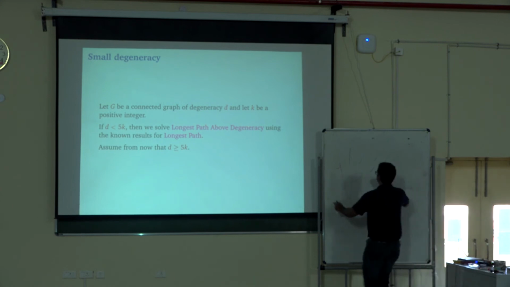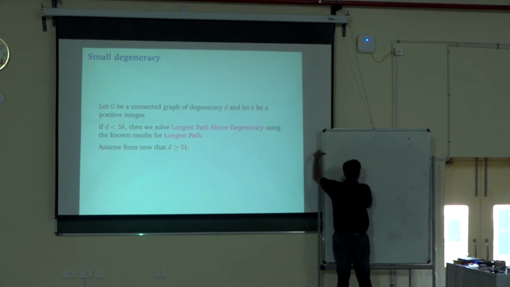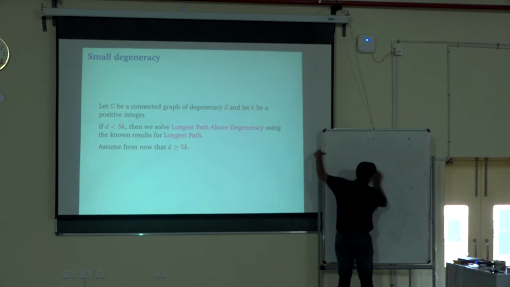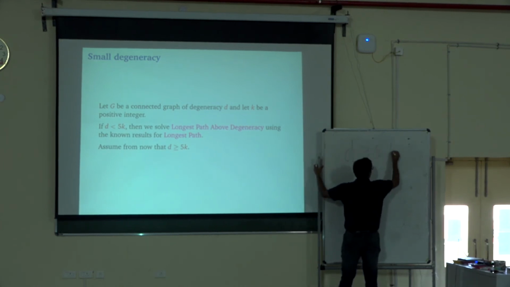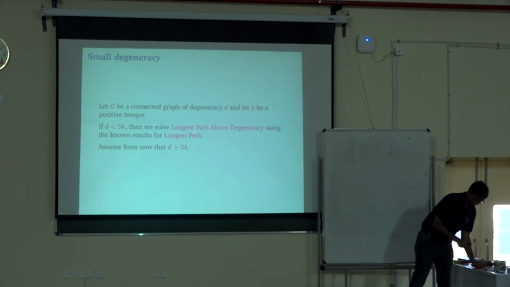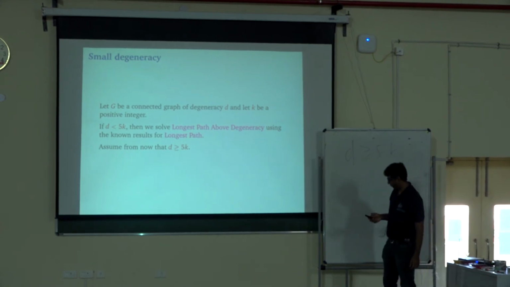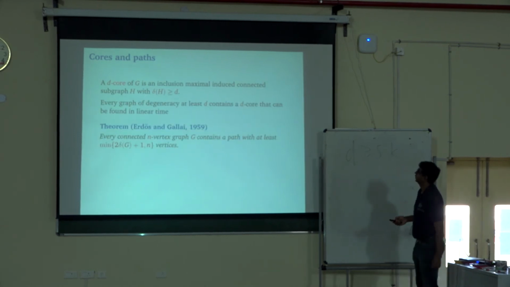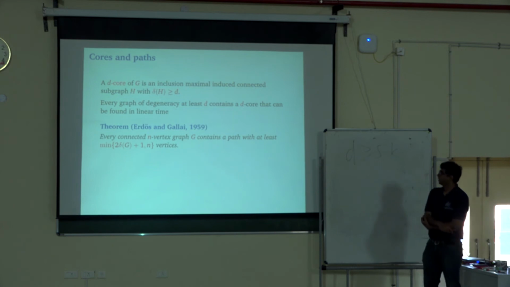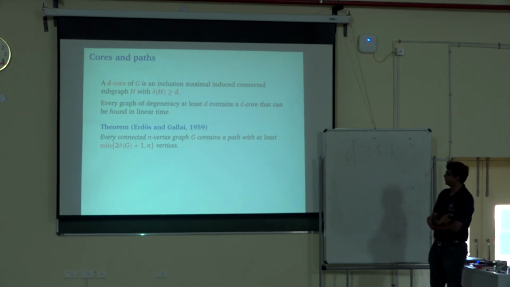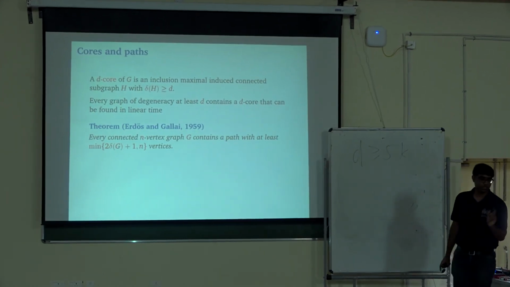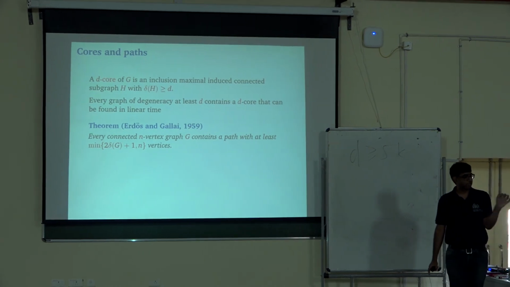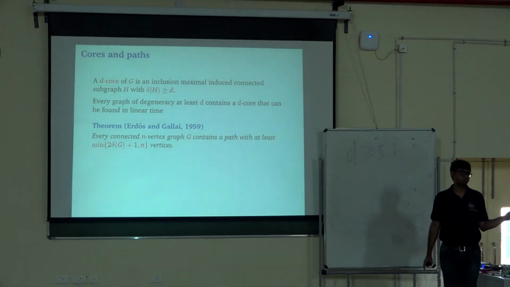Okay, so let's write down some of these assumptions. It might be helpful. And this is a result of Erdos and Gallai from 1959, which we are going to use, who said that every connected n-vertex graph G contains a path with at least the minimum of 2 times the minimum degree plus 1, comma, n vertices.